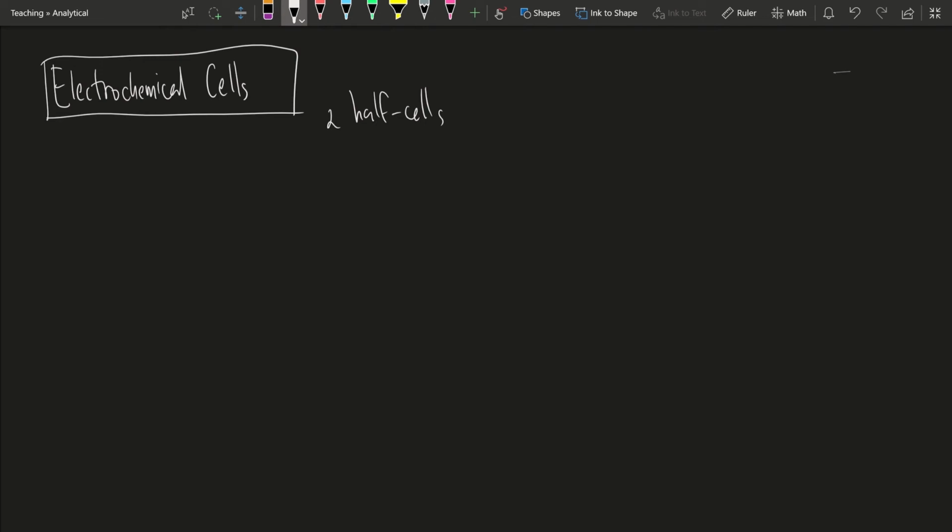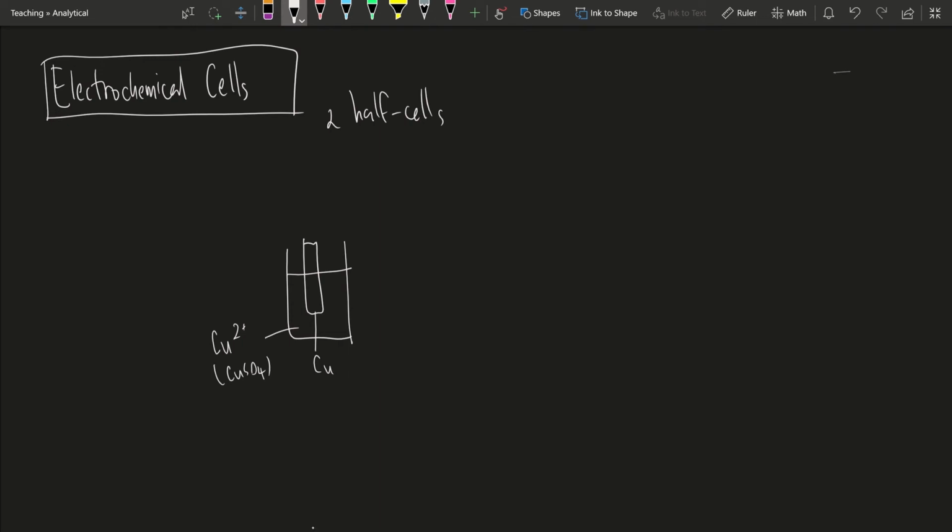The first half cell is gonna be the beaker, and then a solution, and then you put the metal. So this is copper, and this is copper 2 plus, such as copper sulfate, maybe. Actually, any inert salt is fine.